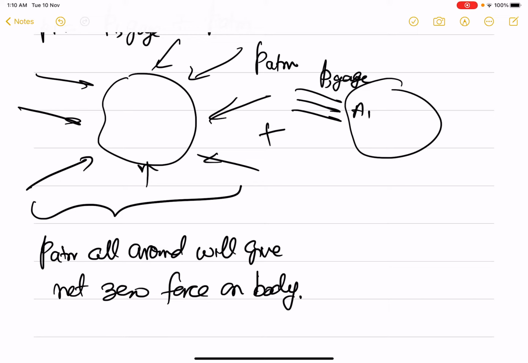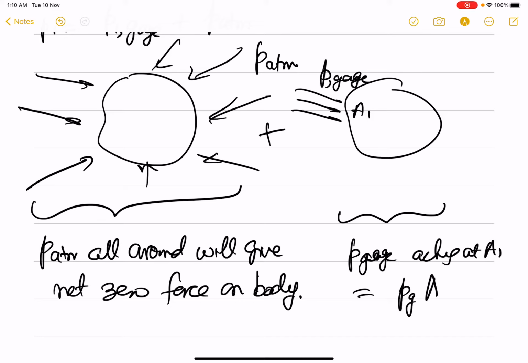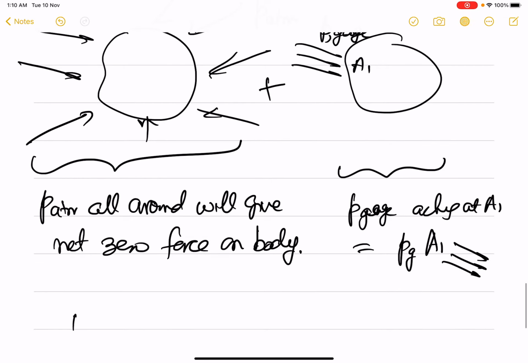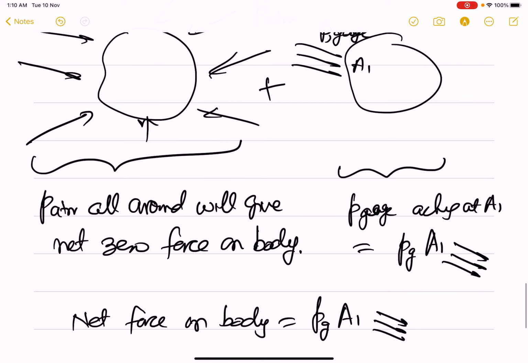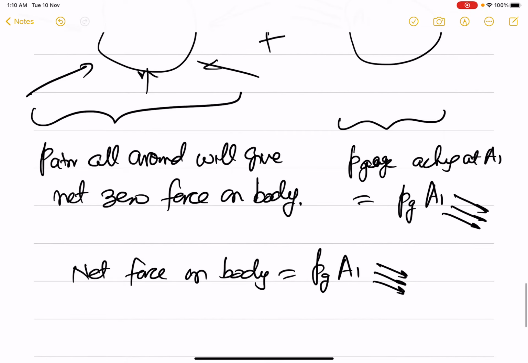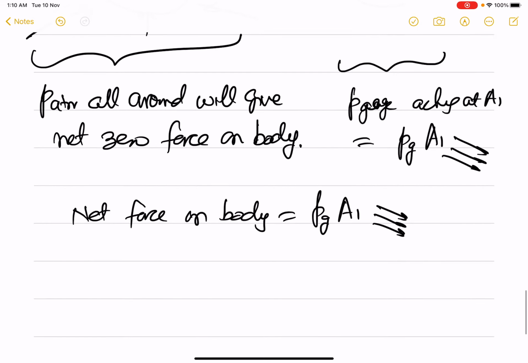You may like to derive this expression as a homework. So this was the first part. The second part is P gauge acting at A1, equal to P gauge times A1 in this direction, and so the net force on the body is equal to P gauge times A1 acting at A1. So that is how gauge pressure can help simplify things.